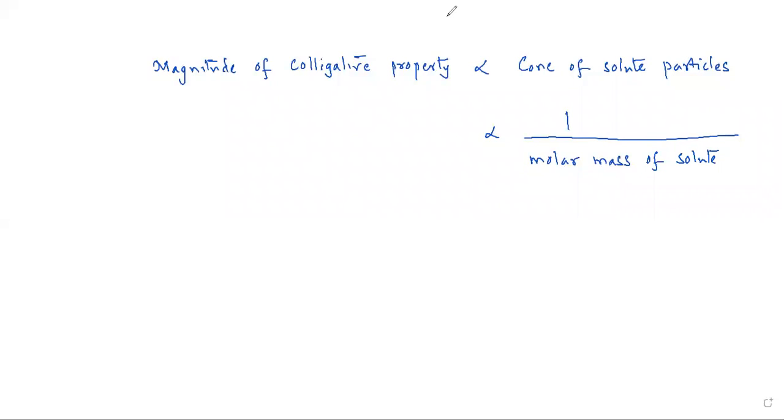Of course, the first one is very clear because, as I said, the magnitude of the colligative property depends only on the number but not on the nature. Whereas the second one, we will come to know when we go through the colligative properties. Let us take the relative lowering of vapor pressure into consideration. We know that it is P naught minus P by P naught.